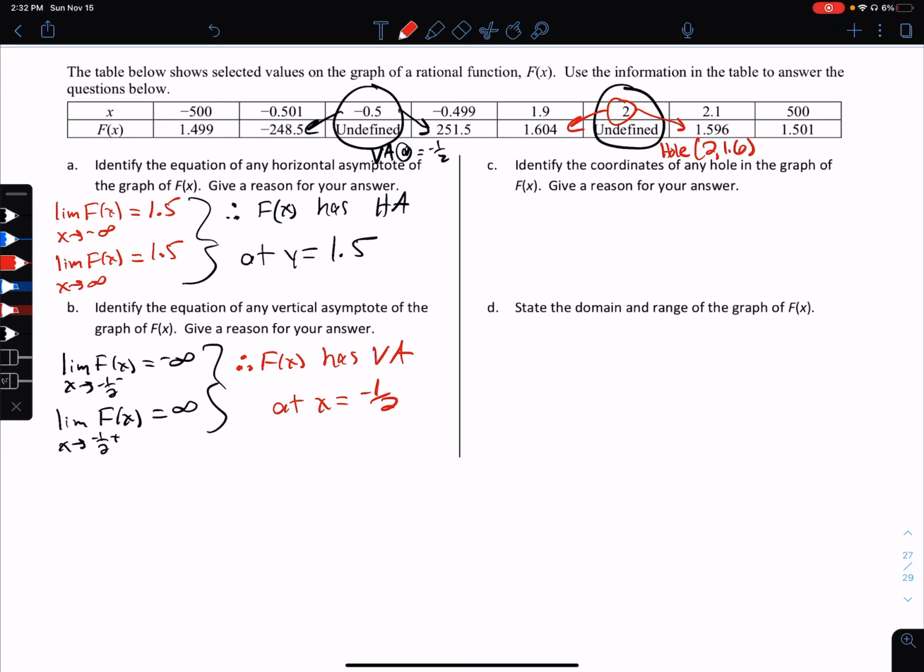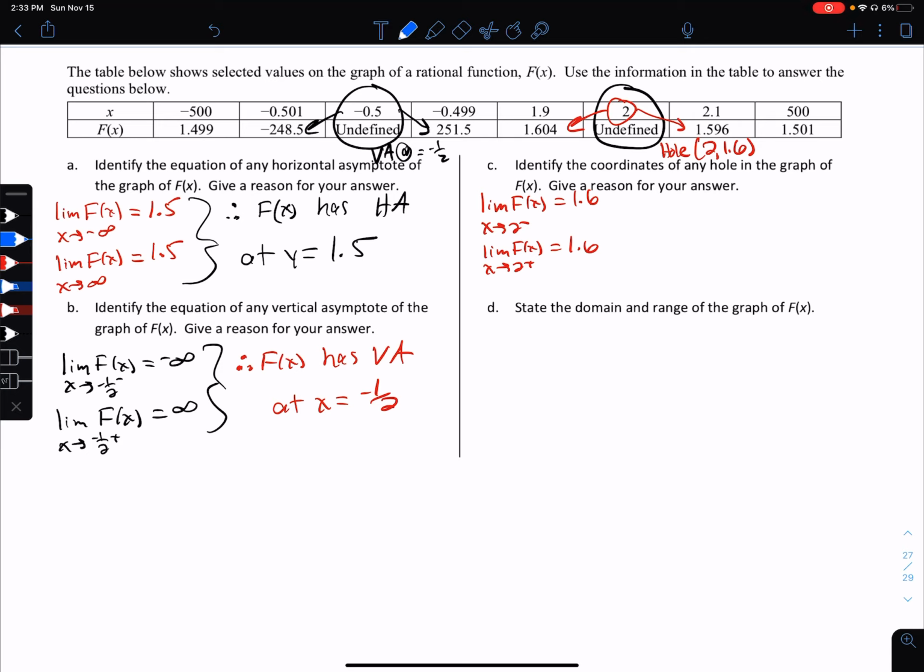Identify the coordinates and give your reason. Let me give the reason first. I can confidently say that the limit of f of x as x approaches 2 from the left looks like it's getting pretty close to 1.6. I can also say the limit of f of x as x approaches 2 from the right looks like it's also approaching 1.6. That in itself does not make a hole.